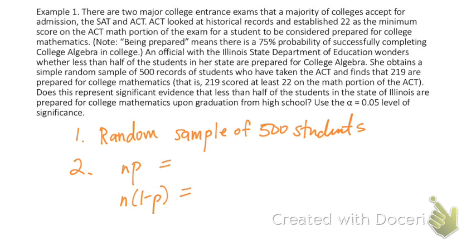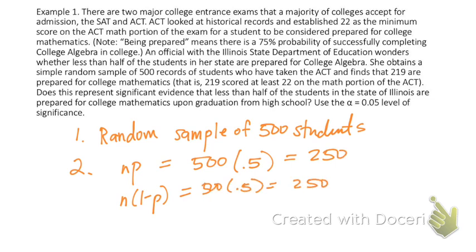This is where I'm looking at the population number. My sample is 500, but what is my p? What is my null? 0.5. So I'm using my null hypothesis number. 500 times 0.5 is 250, and 500 times 0.5 is also 250. They're both greater than or equal to 5.